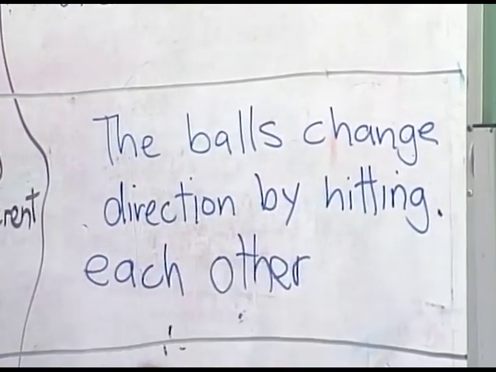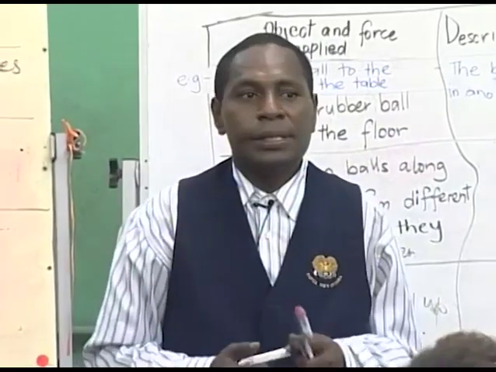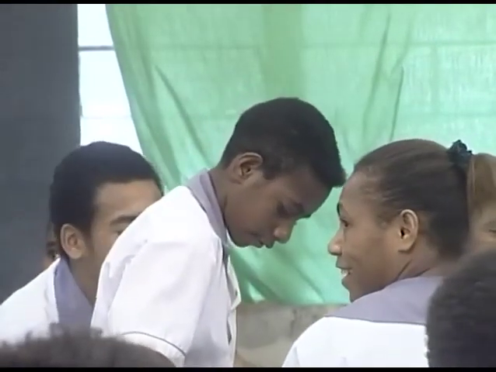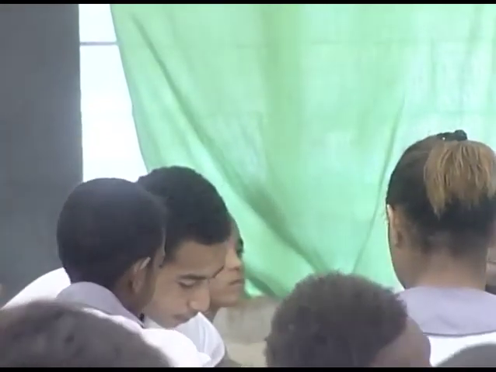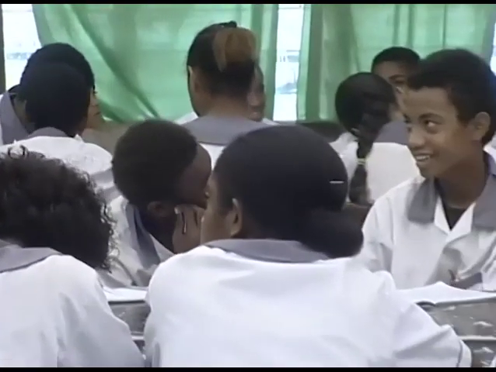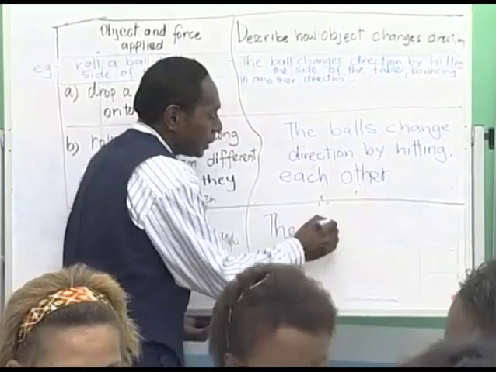Good. How about throwing the ball up into the air? Lewis. The ball changes direction when it comes down. And what pulls it? Why does it change direction when it comes down? Lewis, what happens to it?